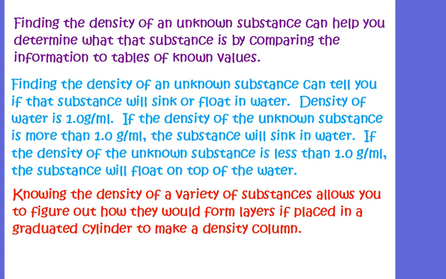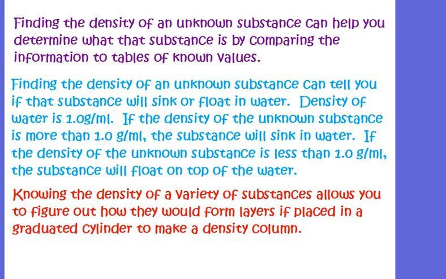So finding the density of an unknown substance can help you determine what that substance is by comparing it to tables of known values. So it's a helpful piece of information to have. Finding the density of an unknown substance can tell you if that substance will sink or float in water. Density of pure water is always going to be 1 gram per milliliter. So if the density of a substance is more than 1 gram per milliliter, the substance is going to sink if you put it in water.